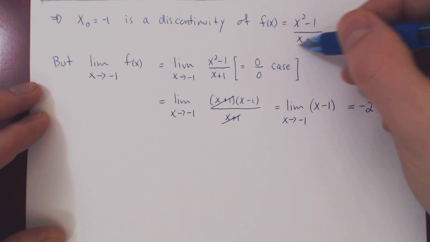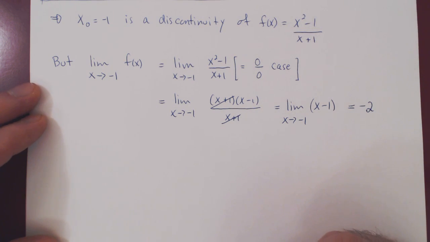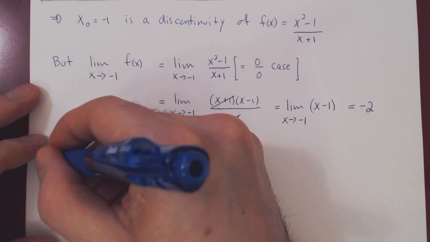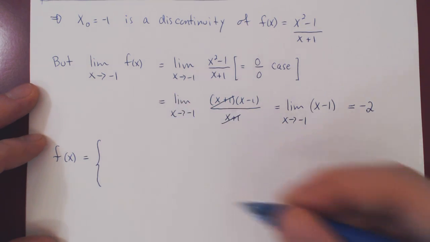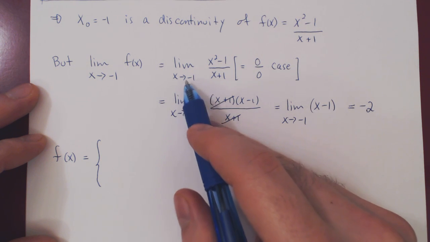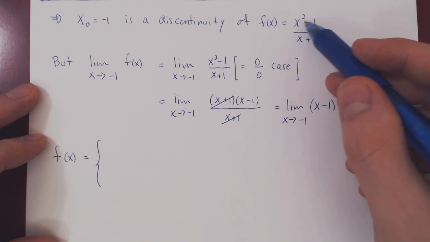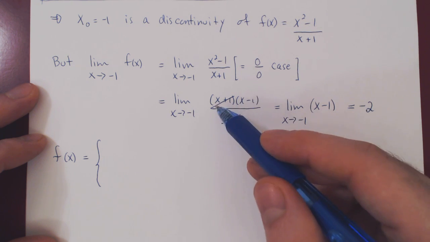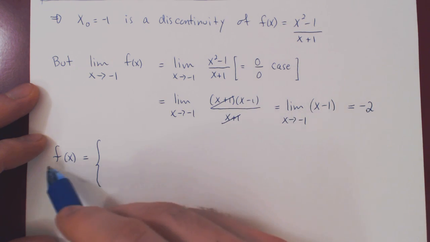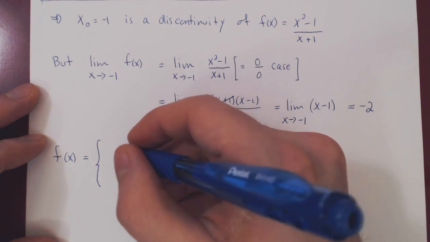And let's actually explicitly write the function. Right? f of x, as we have just seen, is equal to, as long as x is not negative 1, we can factor x squared minus 1 as x plus 1 times x minus 1 and cancel the x plus 1 term. So the function is simply x minus 1.